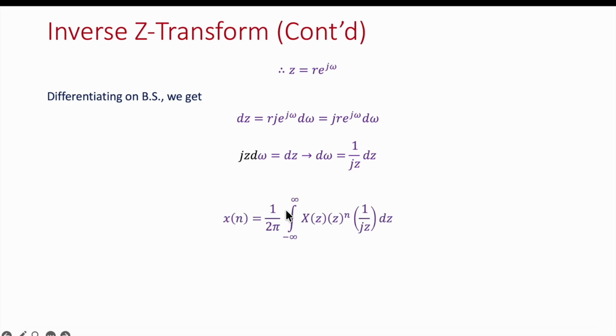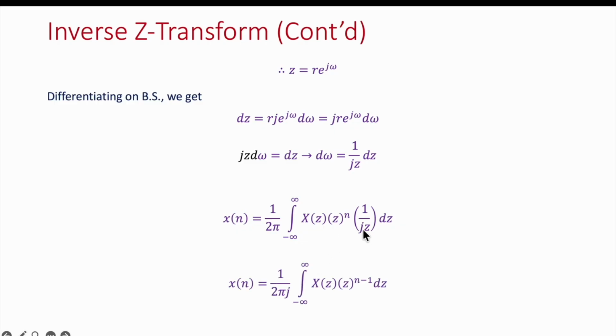So you can use this value in the previous equation, and you can rewrite x of n is equal to 1 over 2 pi integral where the limit varies from minus infinity to infinity of x of r e raised to power j omega. In place of r e raised to power j omega, you can write z, and here again you can write z power n, and then in place of d omega you can write 1 over jz dz.